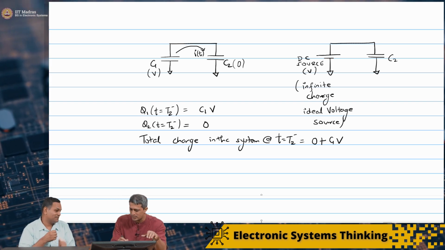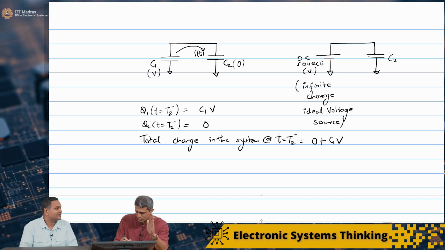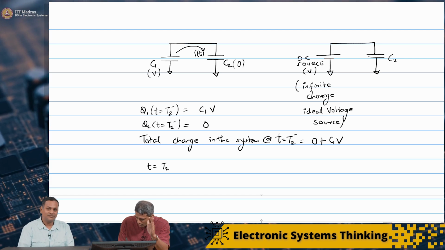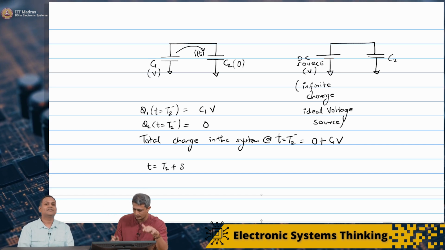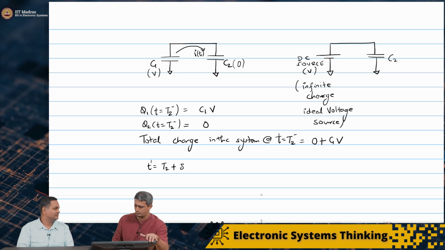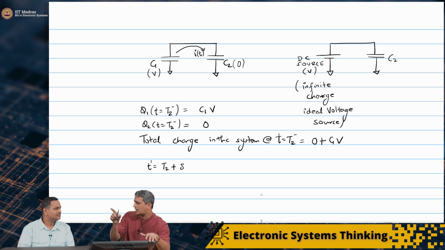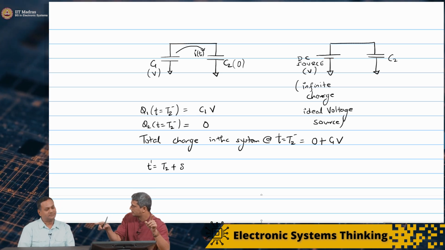So what is going to happen is you have I of t. If you sample this at, let's say, t equal to t2 plus some small time instant delta, I will call this t prime. If you look at this, you have had some charge being pumped out of C1 and that has to charge C2.